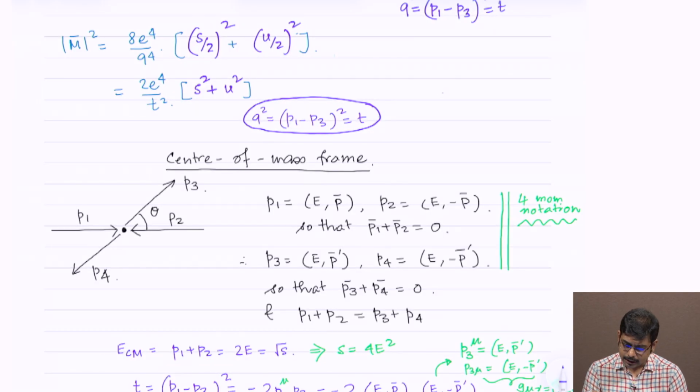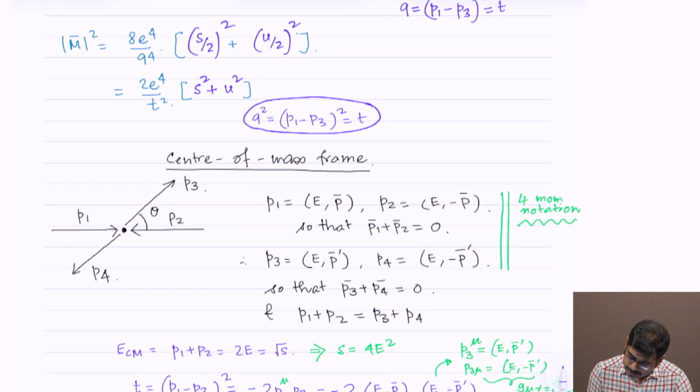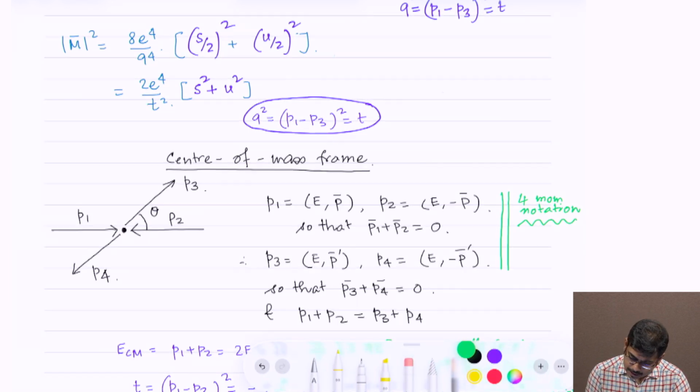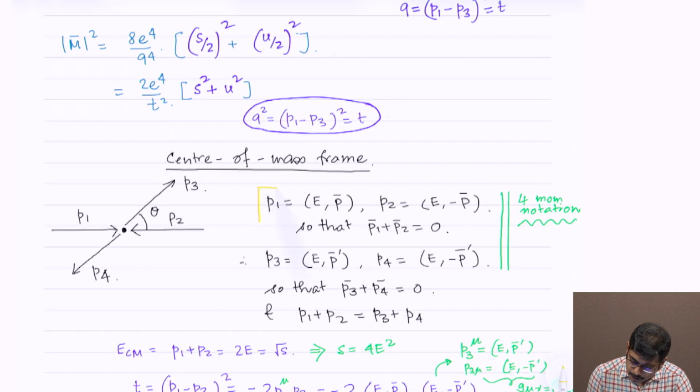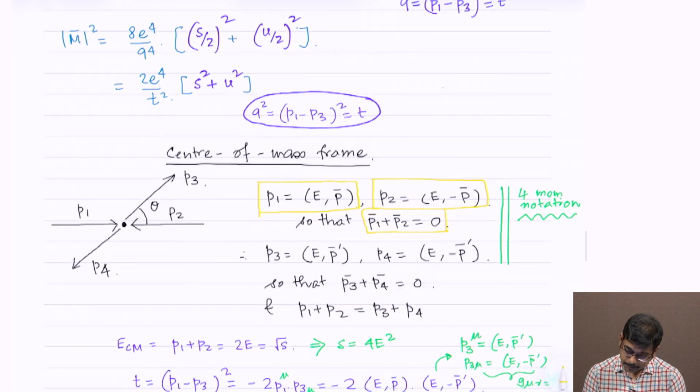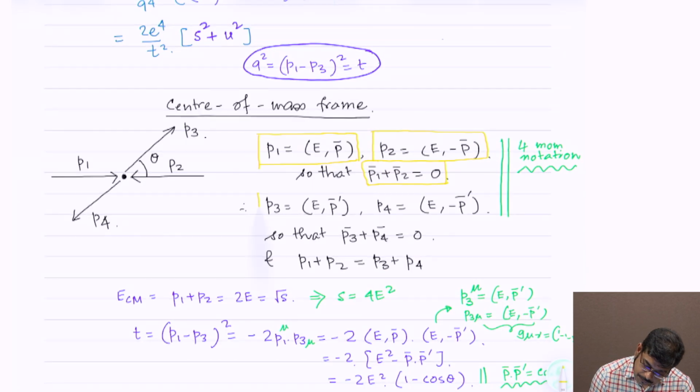So if I had to define the four momentum notation in the center of mass frame for these colliding particles, I will say that P1 can be written as (E, P), and P2 will be (E, minus P), so that P1 plus P2 is equal to 0. They are coming with equal and opposite momenta. So similarly, for P3 and P4, this will be (E, P prime) and P4 will be (E, minus P prime).